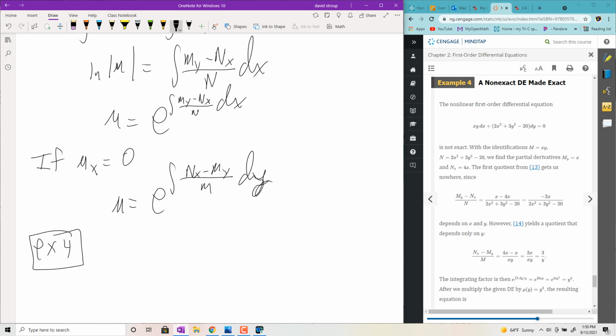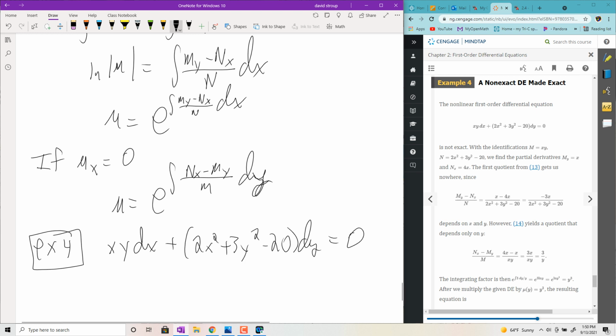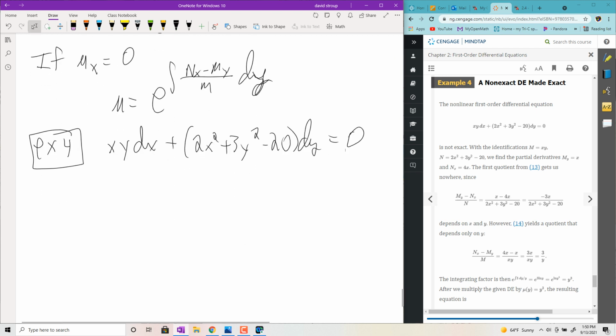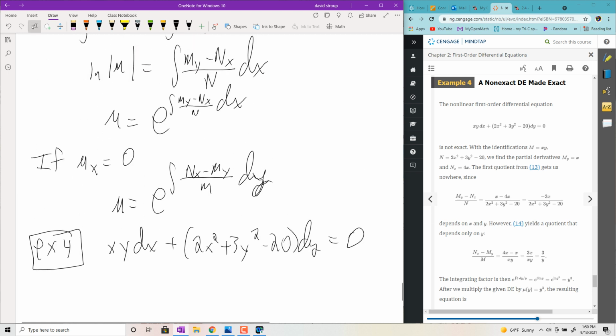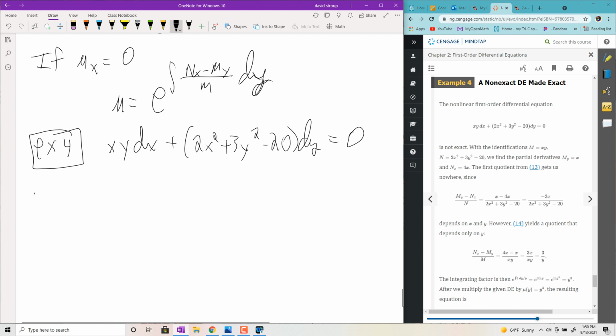Let's see what happens. So we have xy dx plus (2x squared plus 3y squared minus 20) dy equals 0. You may need to play around with it a bit, because of this condition that you need to find a mu of x that equals 0, which would imply that this thing is completely dependent on y.